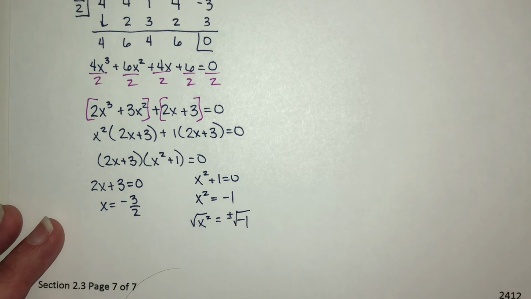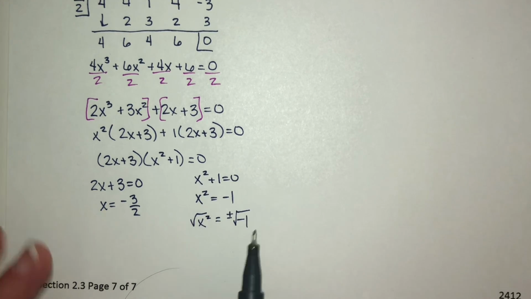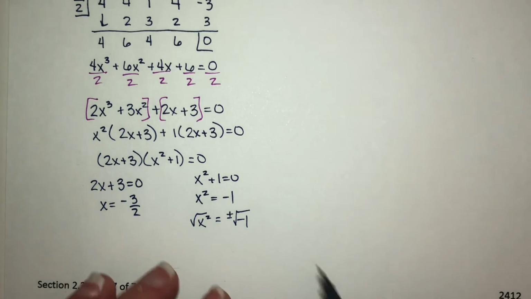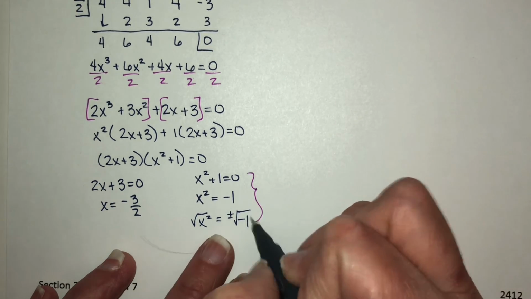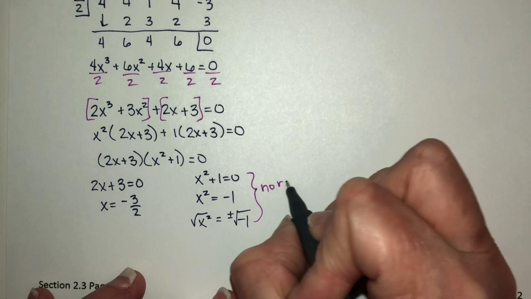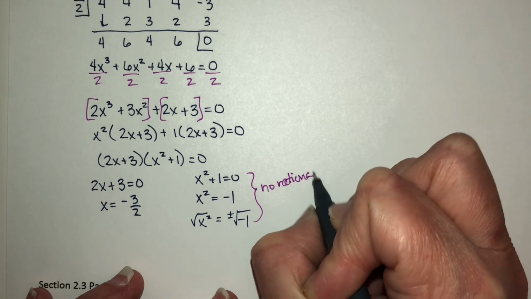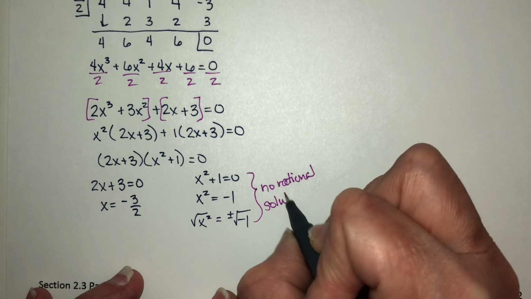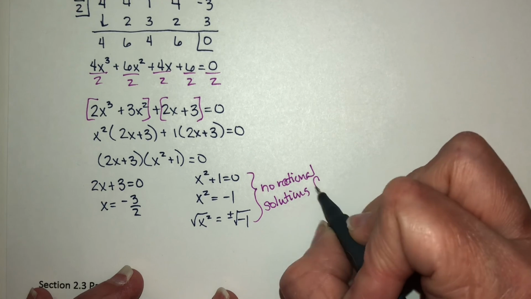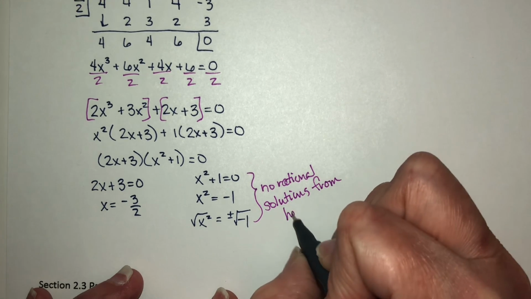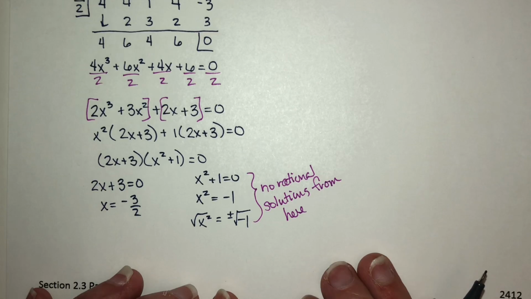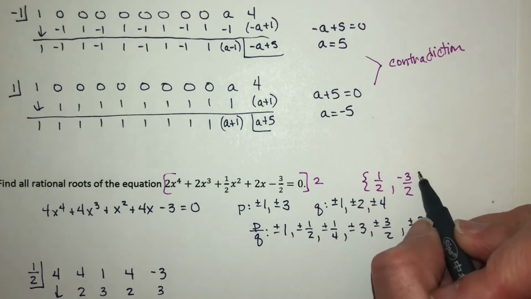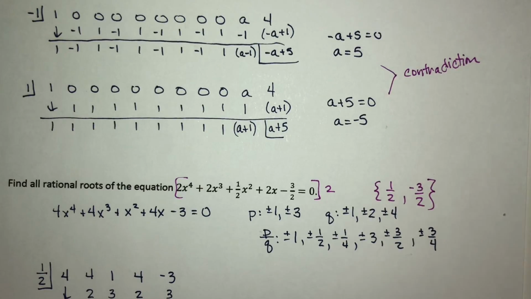And we're not dealing with complex answers, so this gives us no rational solutions from this part. Okay, so these are our only two rational solutions.